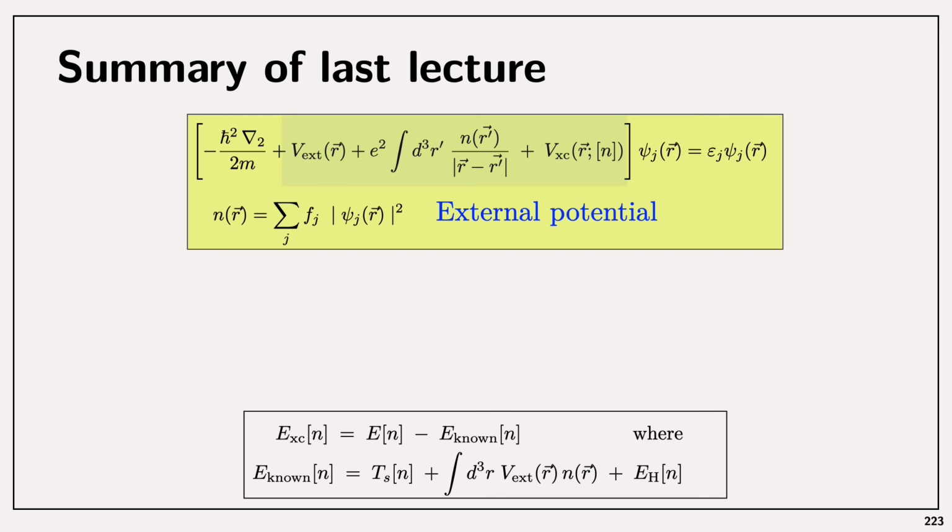Now, why is it so useful? Well, it is useful because it turns out that the exchange correlation potential is just the piece we don't know, that we can't calculate. If you look at the box at the bottom, what we know is the kinetic energy of the independent particles, the energy due to the external potential, and the Hartree energy. It turns out that the piece that's known is the largest chunk of the energy. And so what we don't know is the exchange correlation potential, the exchange correlation energy.